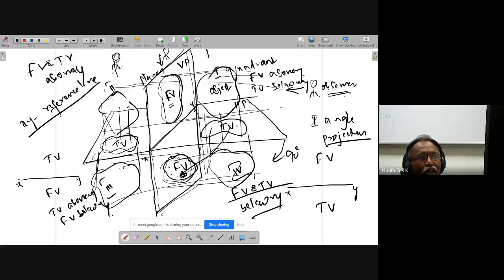Conventions have changed because there are some variations. Some people feel comfortable in first angle, and some in third angle. In America, they still follow third angle projection. We are following first angle projection. We will see these things in detail.